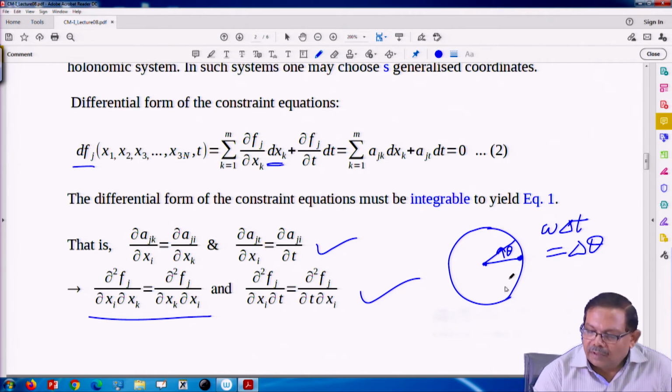So, if the circle itself is rotating, then it is a time dependent constraint, but still I can handle it as a holonomic constraint, because this length always remains fixed whether it is rotating or not.